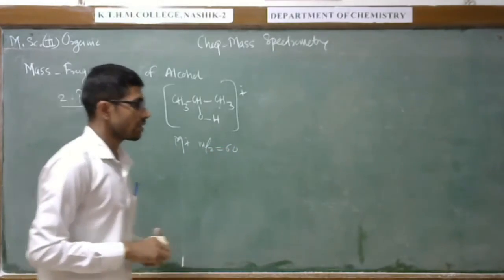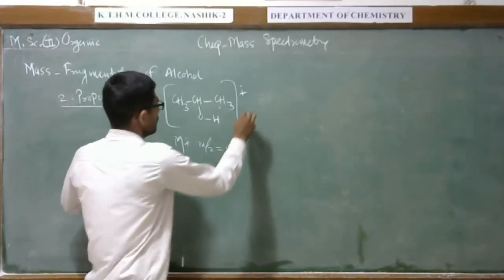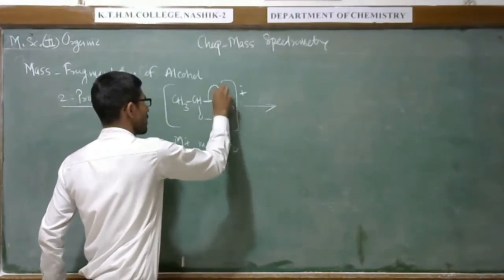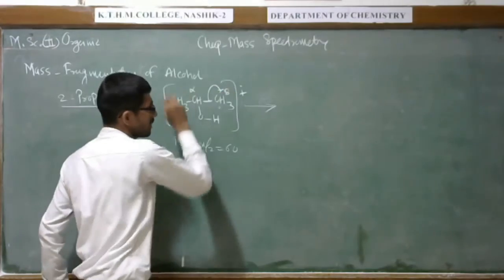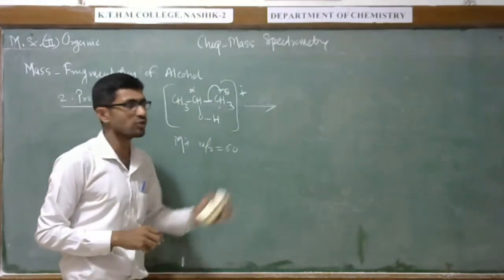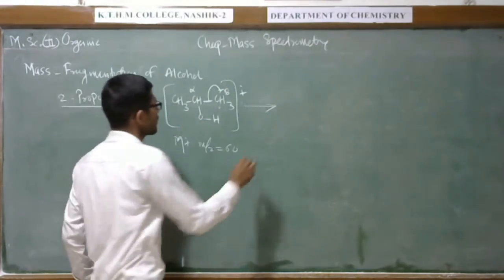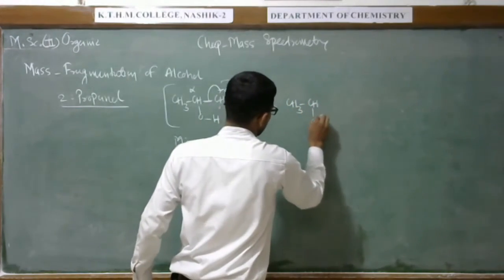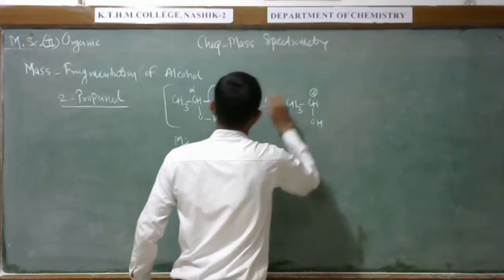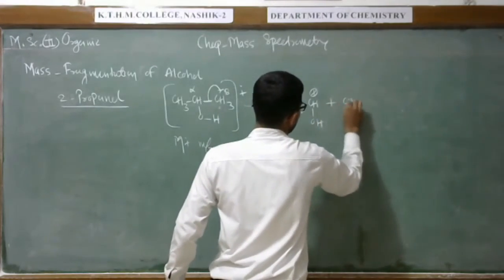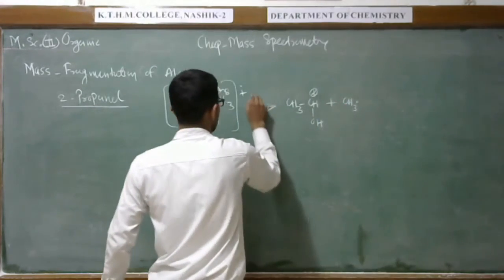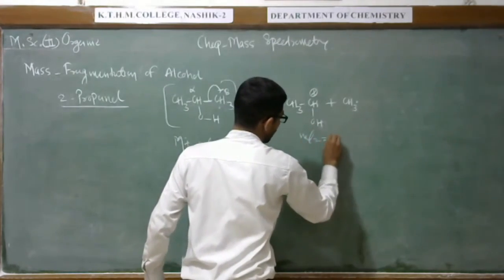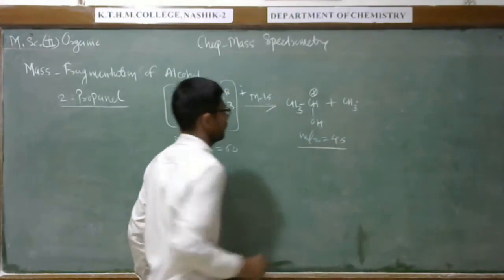After this, it is a secondary alcohol, so we can remove this group as a radical, that is alpha cleavage. After alpha cleavage we can remove any group here. Both groups are the same here. So we can get CH3CH OH with a positive charge and this group as a radical like this. So M minus 15, and the mass to charge ratio we can observe the peak at the value 45.